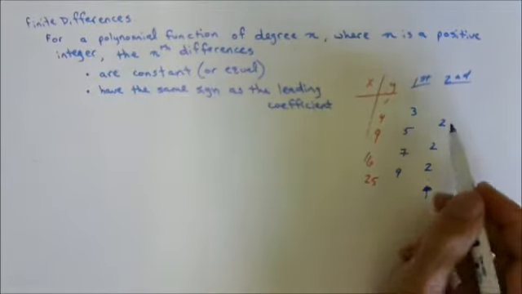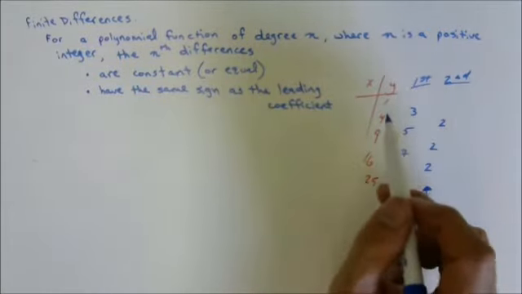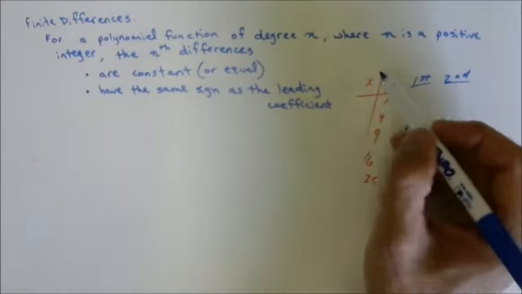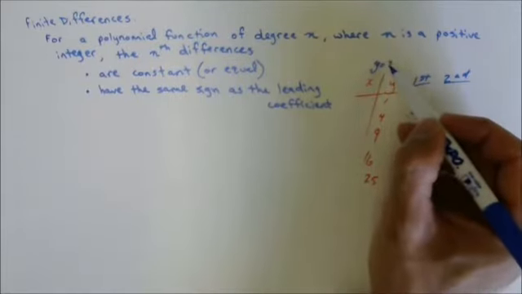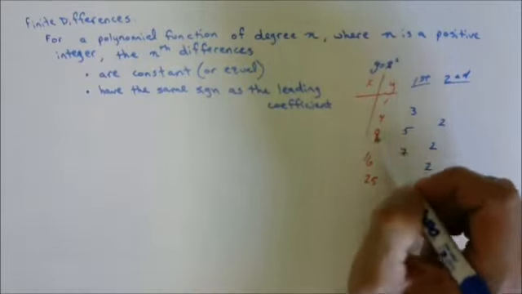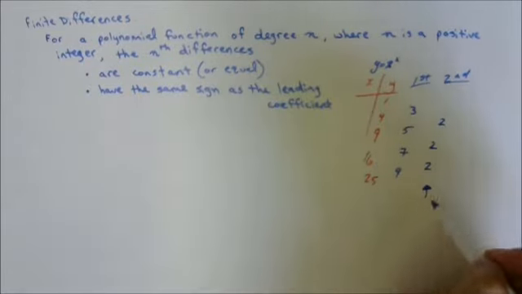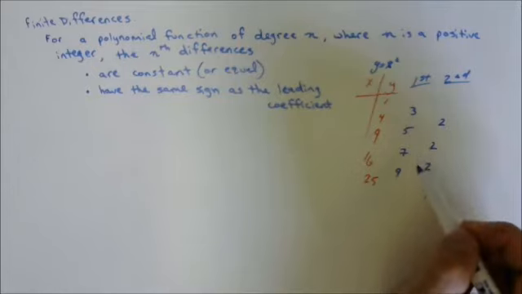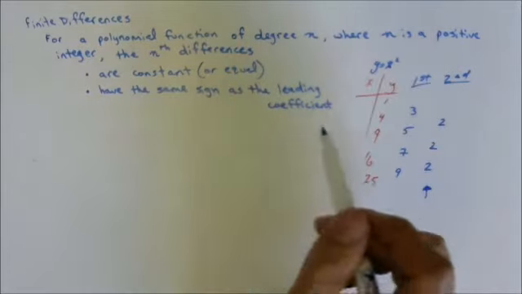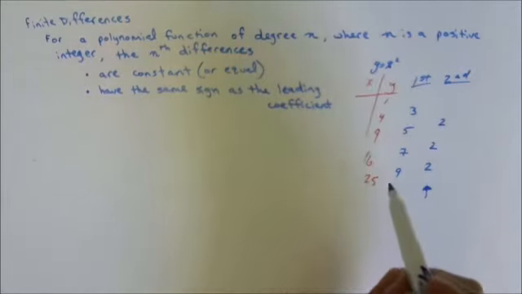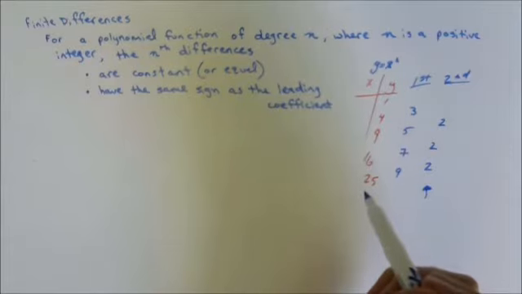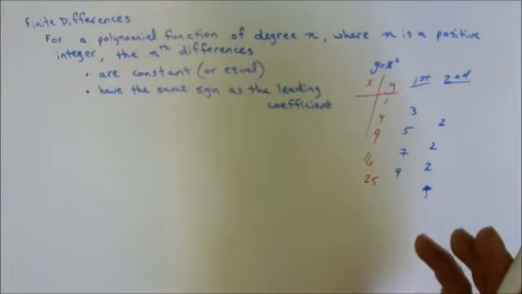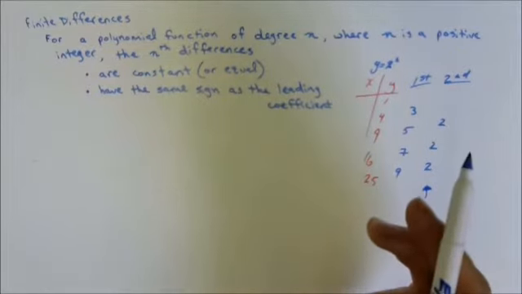Okay, so your differences, depending on the function, okay, this was clearly just simply y equals x squared is what I did it based on. But you might end up with constant differences where the differences are negative. That would mean the leading coefficient of the polynomial, even if you didn't know what the polynomial is, you would know that the leading coefficient is negative, which means you would know the degree and you would know the sign of the leading coefficient.